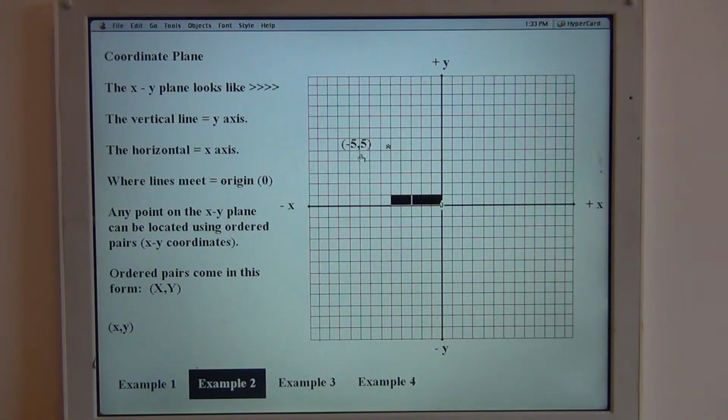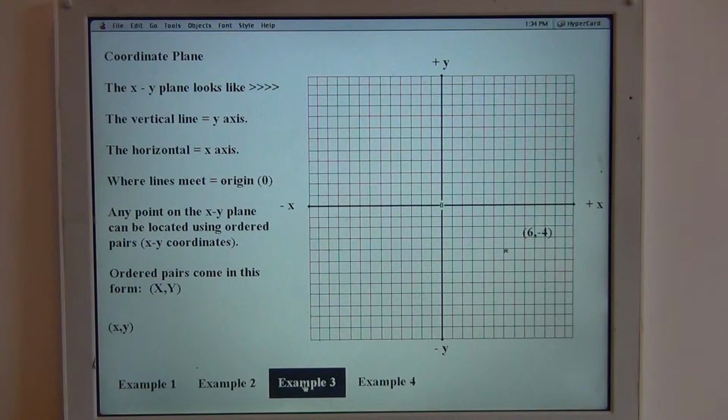The y value is positive, so we move up 5: 1, 2, 3, 4, 5. So this spot right here is (-5, 5) in our plane, which we're making believe is the world or the universe. Let's look at example 3.